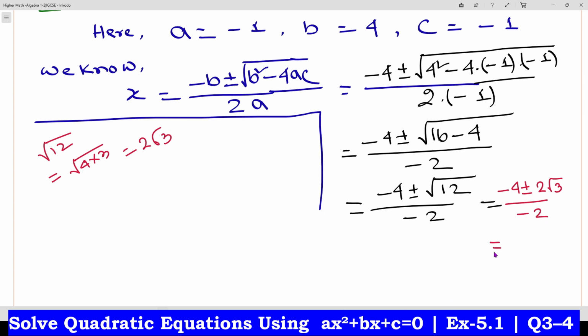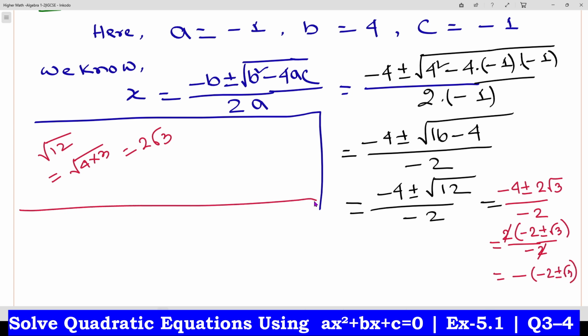So from here we can take common 2. Here is 2, so minus 2 plus minus root 3 divided by minus 2, so 2 and 2 cancel out, we can write here minus, and then minus 2 plus minus root 3.